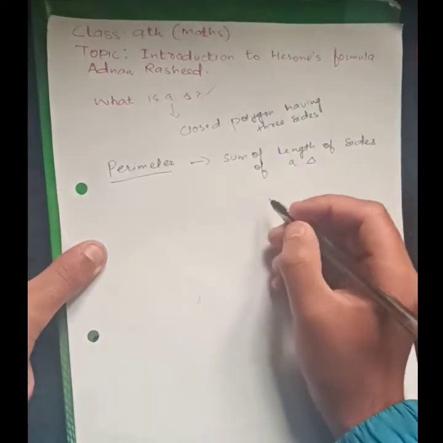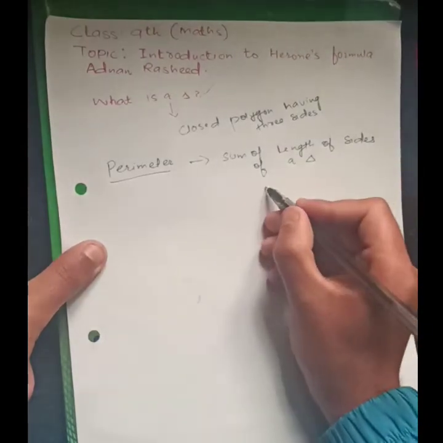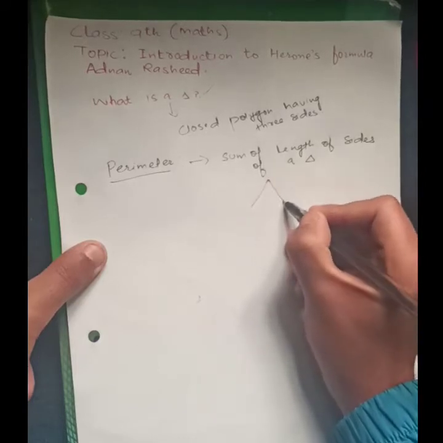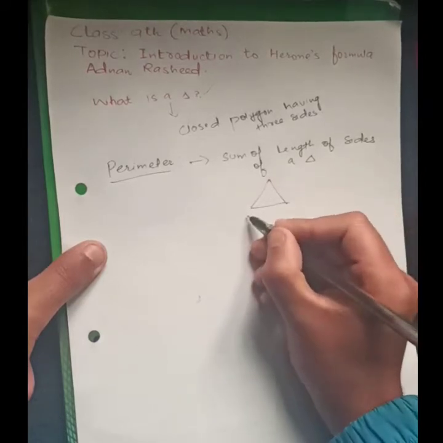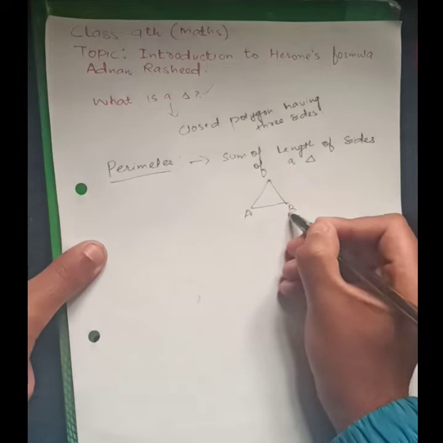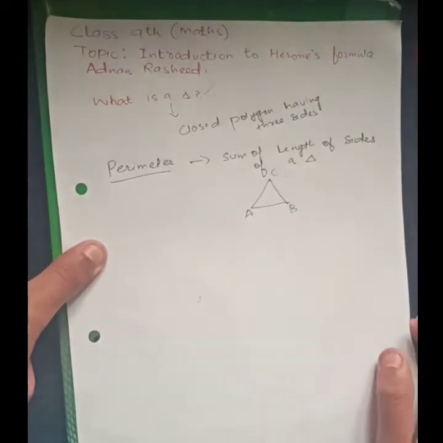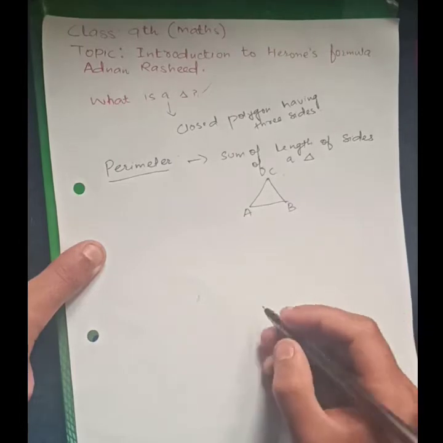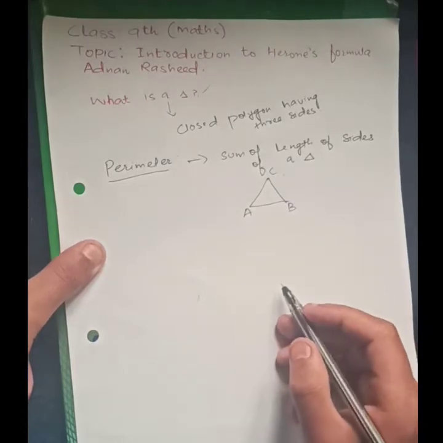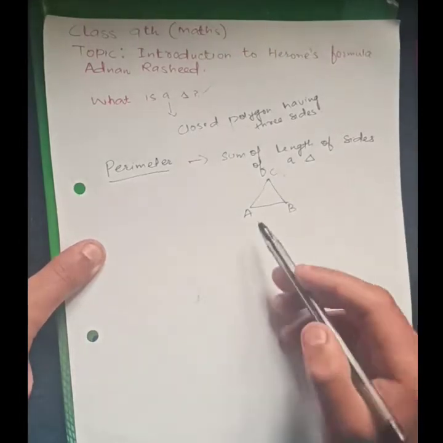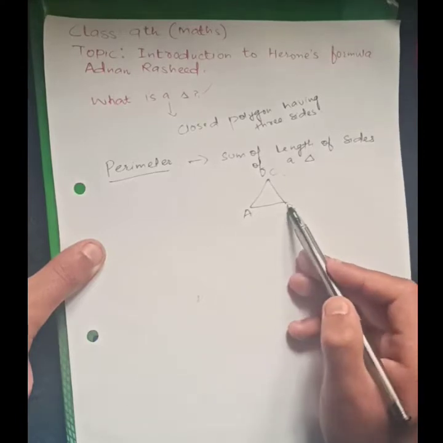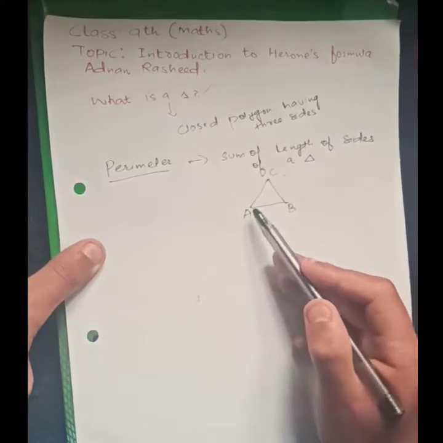Here I will draw a triangle. Name it as ABC. How can we find the perimeter of this triangle? Here in this triangle you can see that there are three sides. The first side is AB, second side is BC, and third side is AC.